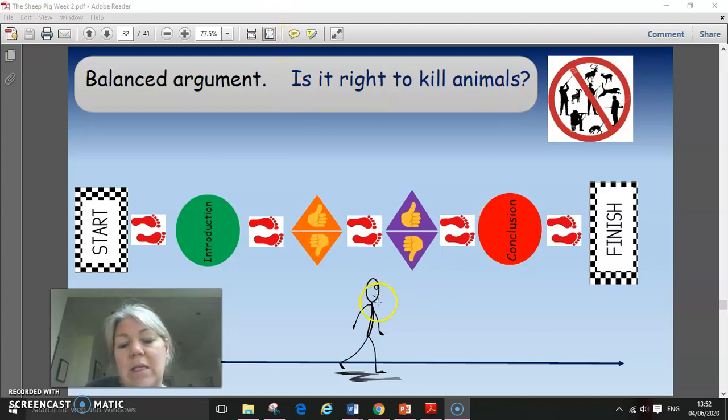That's where we are today. So we're going to write 2 separate paragraphs today. One paragraph linked to the idea of for the argument, yes, it is right to kill animals, and one paragraph linked to the idea against the argument, no, it's not right to kill animals. Remember, leaving a line between them is a really good way to show your reader that we're moving on to a new idea, a new point.